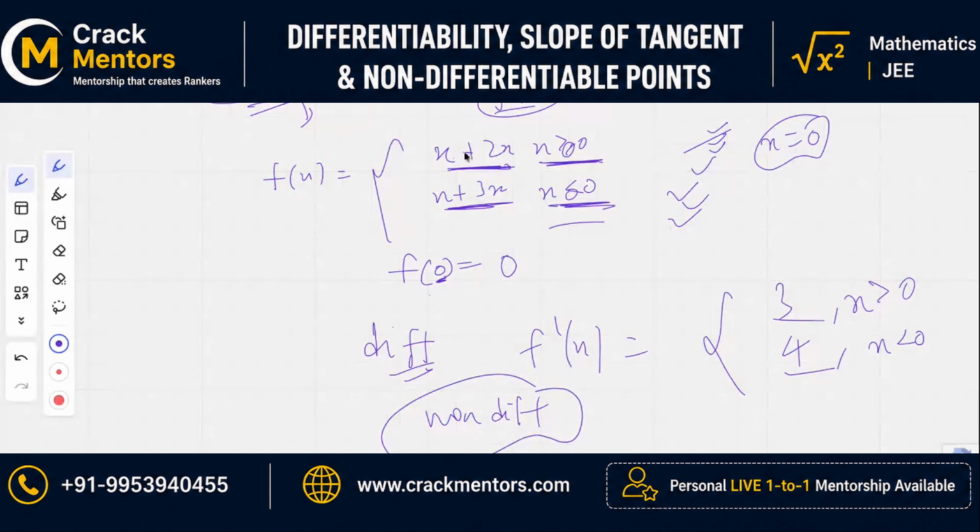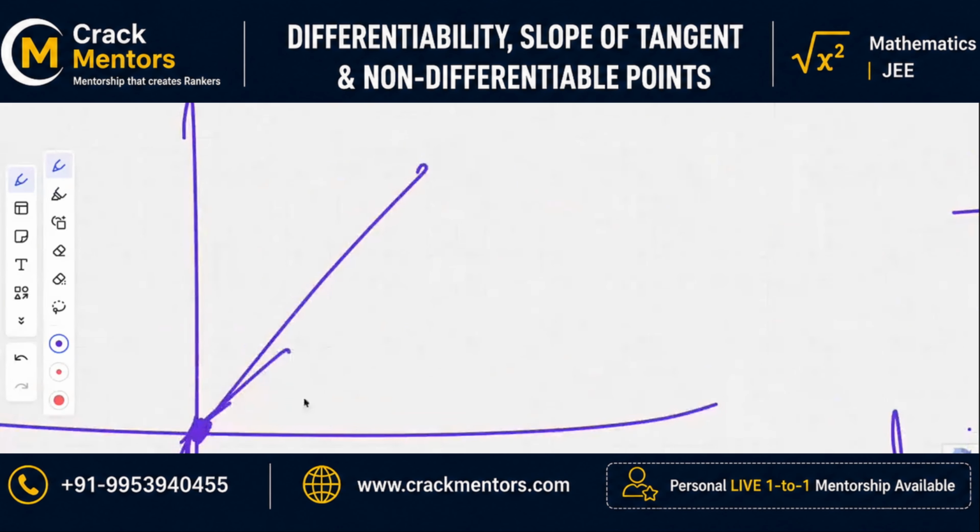Another way out is to make the graph for it. 3x is something like this, and 4x would have a greater slope. So there's a sharp turn here actually. It does not look that sharp, but it is a sharp turn.